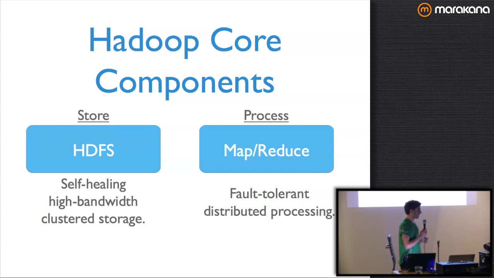HDFS, the Hadoop distributed file system, is a file system that runs on a cluster and stores all of its data across different nodes, across different commodity machines. It replicates data, so you expect that your machines might die on you, and luckily your data will be on other machines, and it'll heal itself and replicate that again.